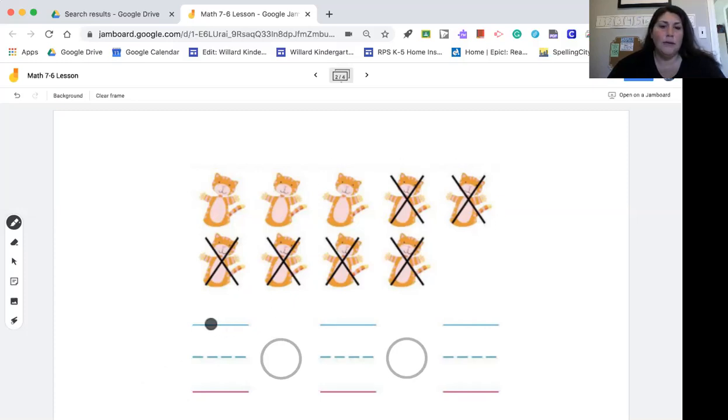So I'll do 9 as my whole. You can write this equation with me as I do it. So 9 on your workspace. Minus, the minus, take away. Now let's count again to make sure I have 4, 5, 6 cats that went to different houses.